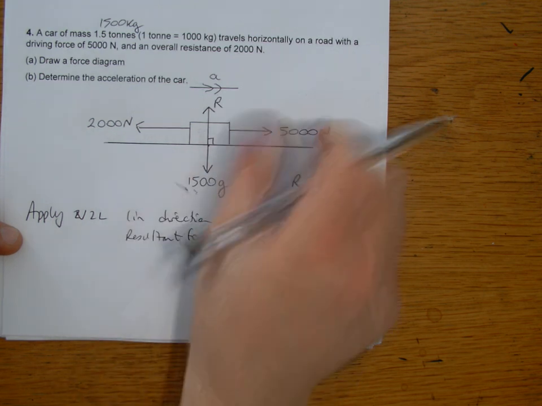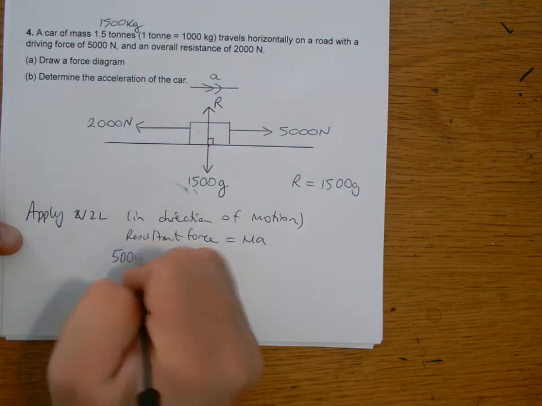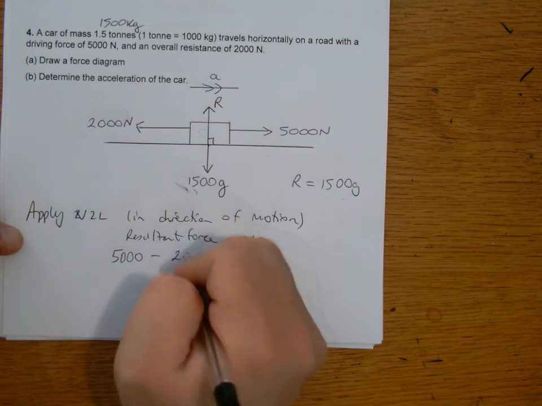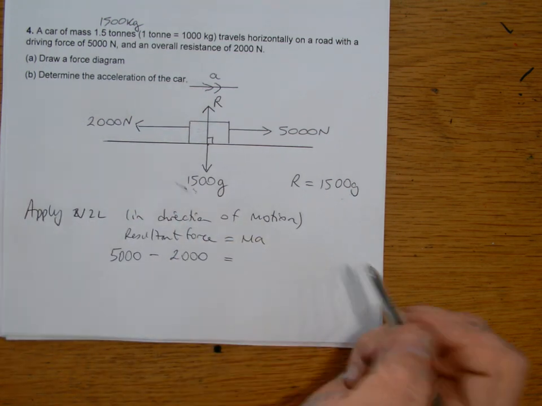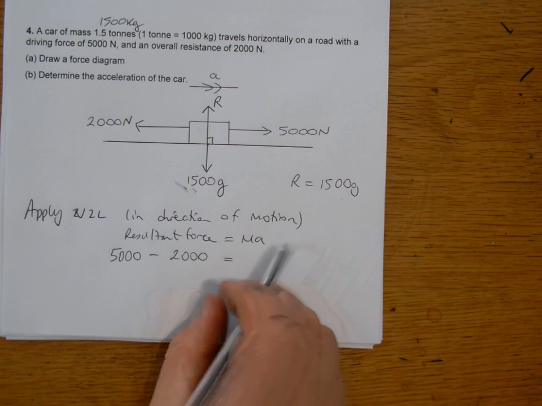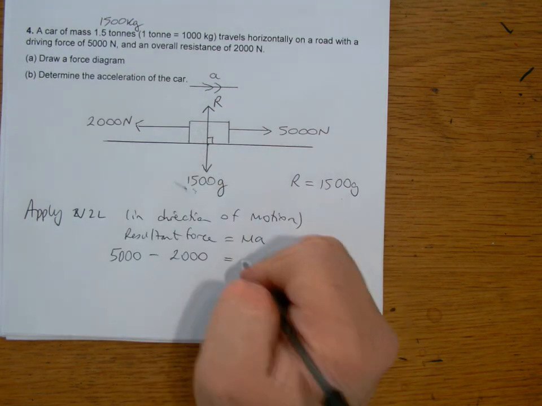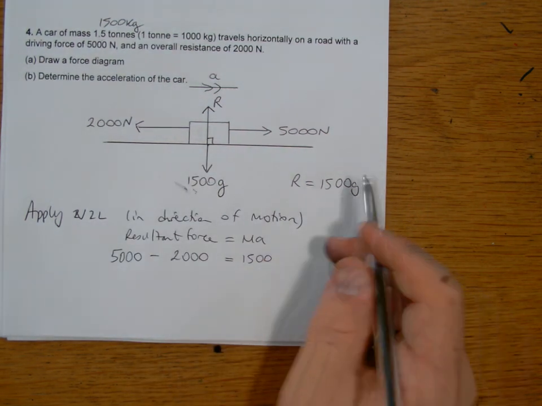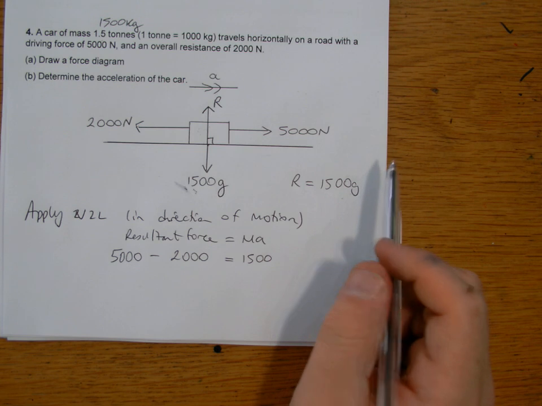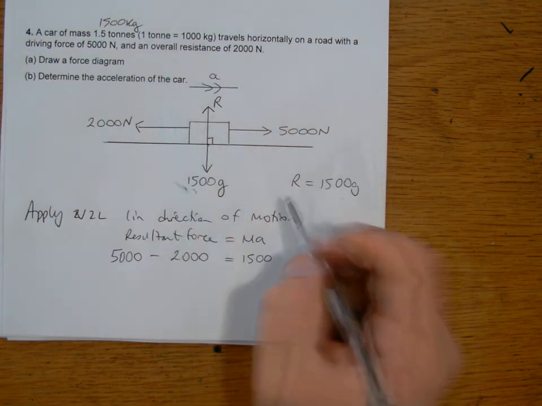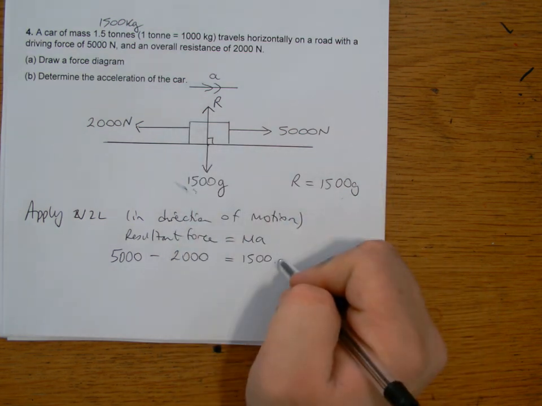We've got 5,000 going that way, 2,000 opposing it, and that will equal the mass of the car. Now the mass is 1500, remember, times the acceleration, which we want to work out.